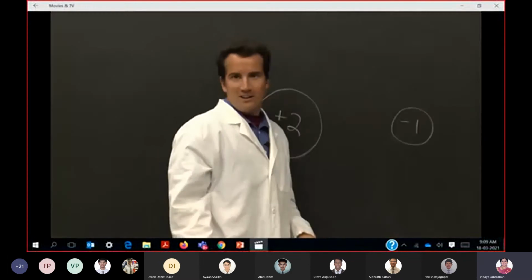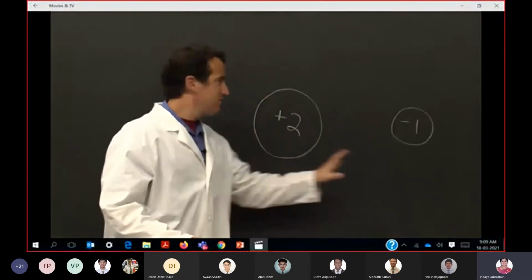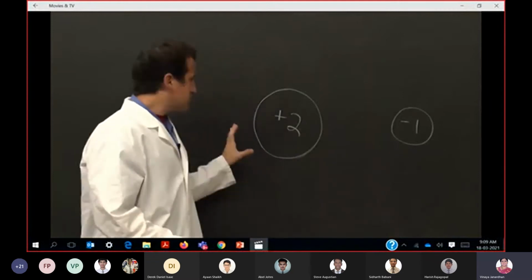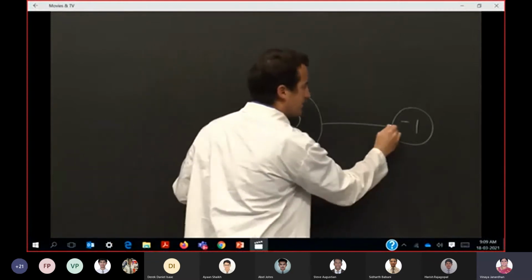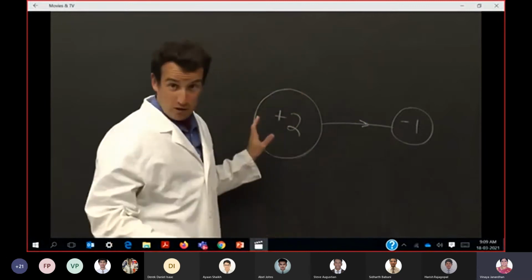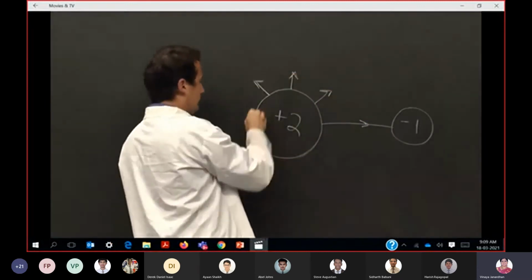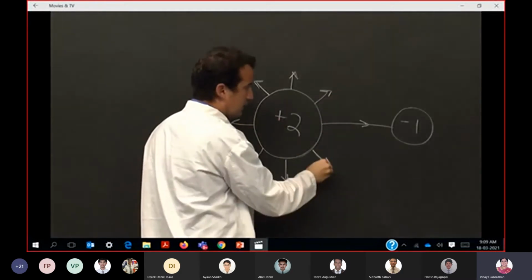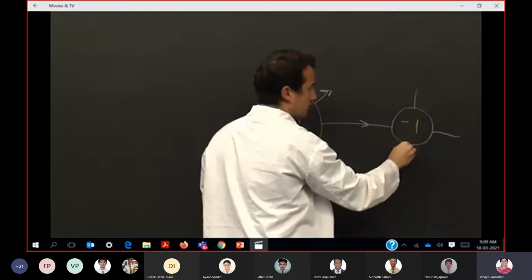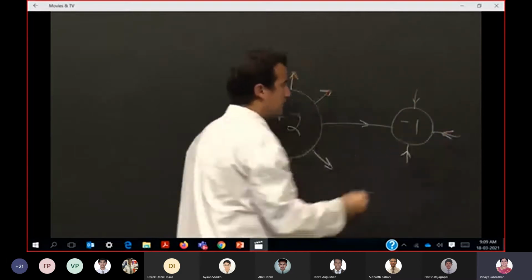As a review, consider these two charges, one positive and the other negative. This one's twice as charged as the other one. Now the lines must go out of positive and into negative, but the twice as charged one will get twice as many lines as the negative one. But the negative's lines will go into it.